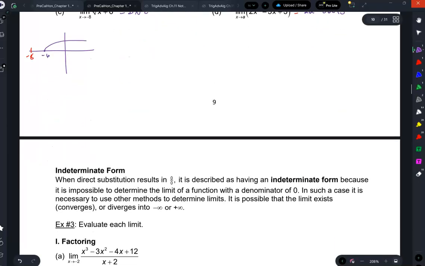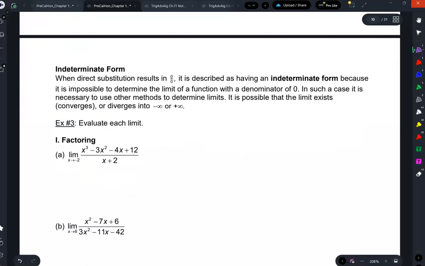Okay. Now, let's talk about indeterminate form. When you do direct substitution and you have a rational function and you get 0 over 0, it is described to be indeterminate form because it's impossible to determine whether there is a limit or it does not exist.